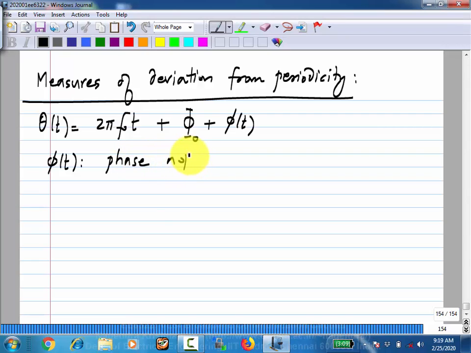I will call it phase noise, although it may represent other kinds of frequency deviation. You may call them noise, you may not.